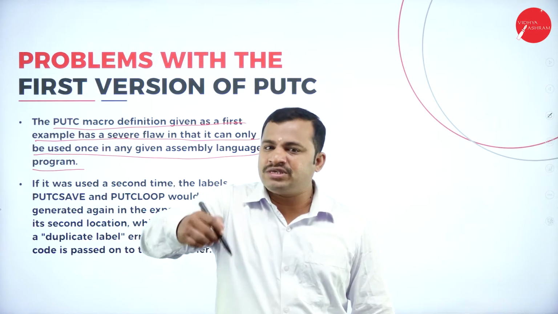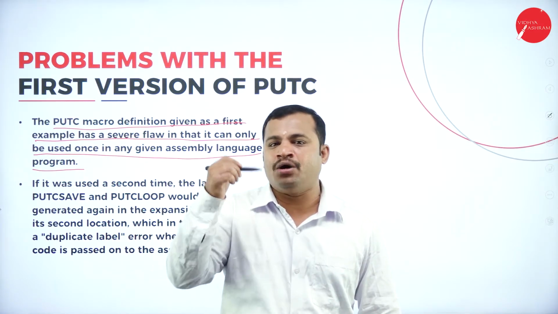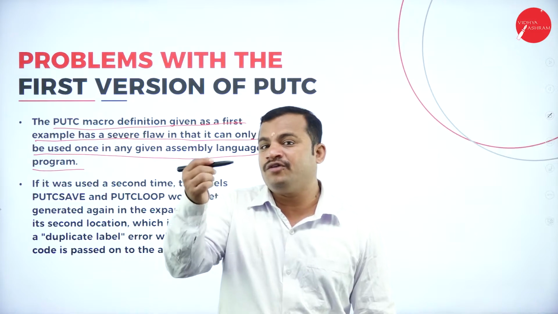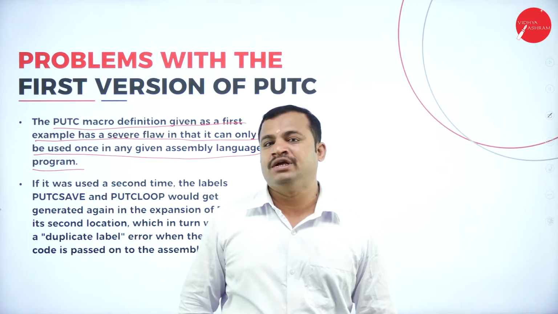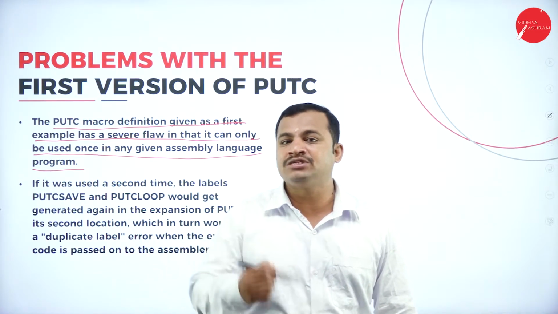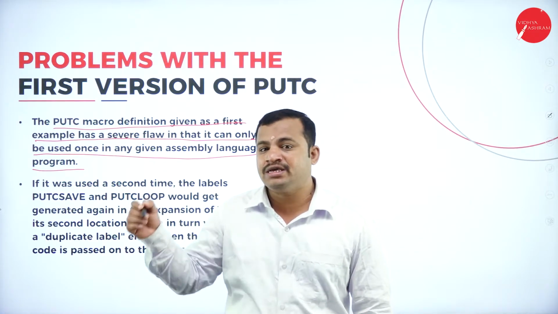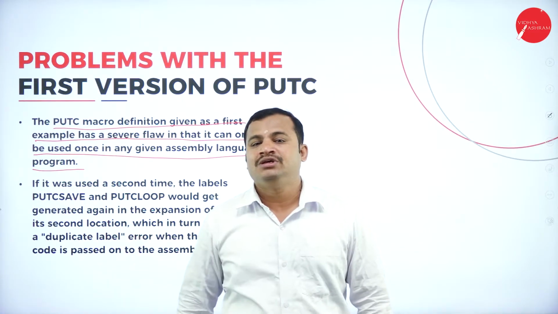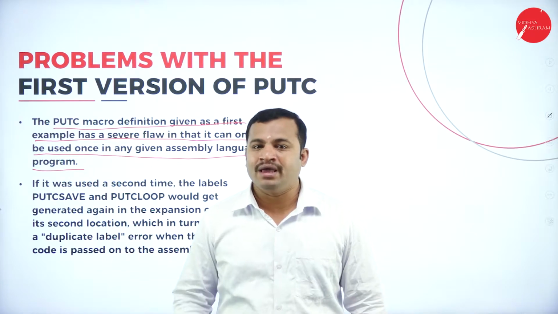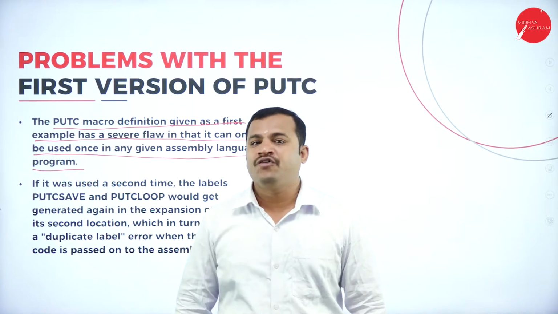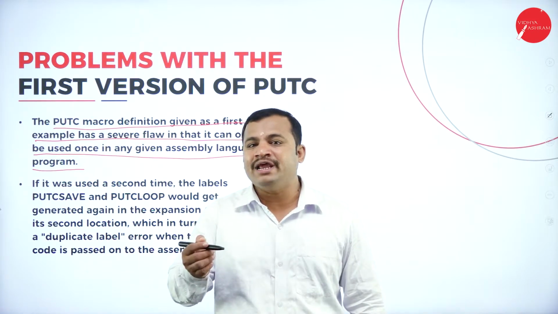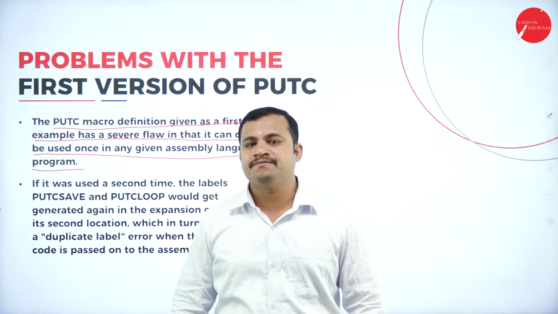Next time when the same iteration is carried out, the same set of labels is generated. That is, duplicate labels are generated in the expanded source code. That leads to confusion for the interpreter as to which statement is to be executed.